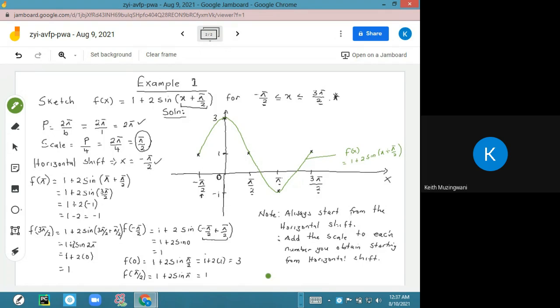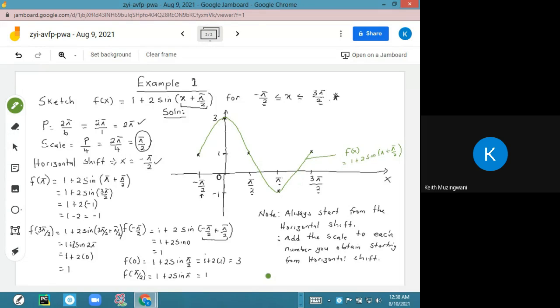So what you must understand first is how to use the angles. You notice that all the x coordinates for this graph here are the angles. So when I'm looking for f of pi, I'm looking for f of an angle. So where there is x, I take the pi, and then I add pi over 2, which is another angle, and I form 270.